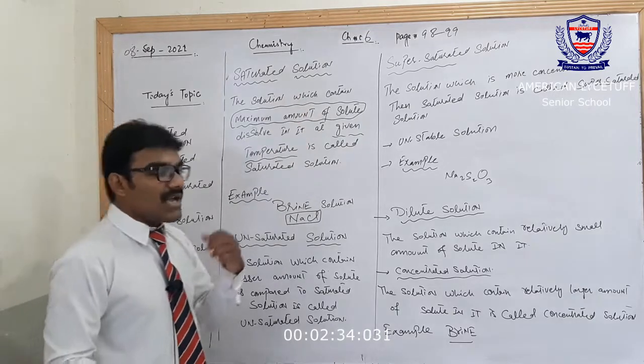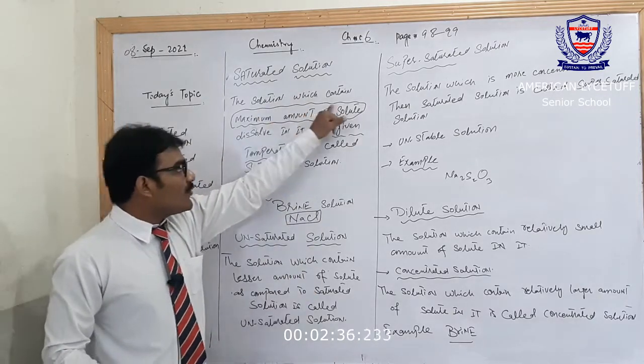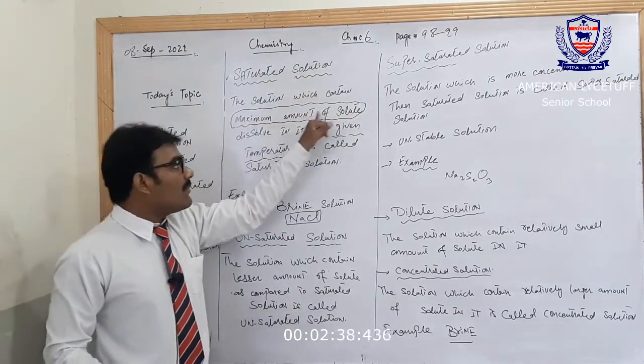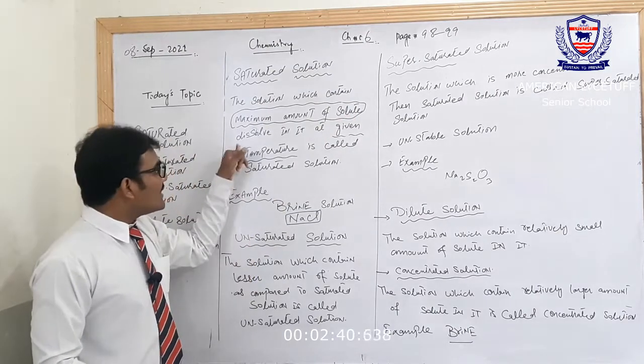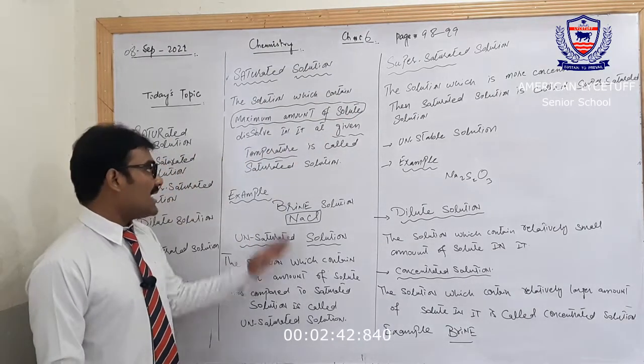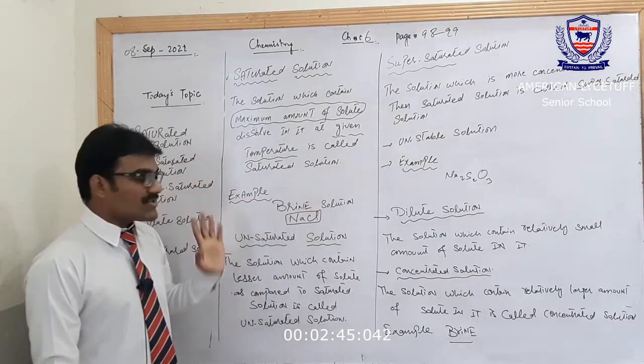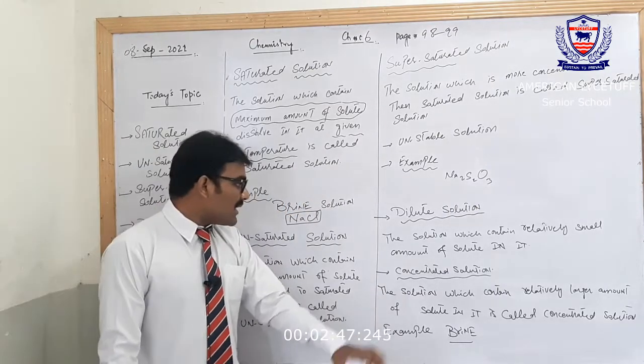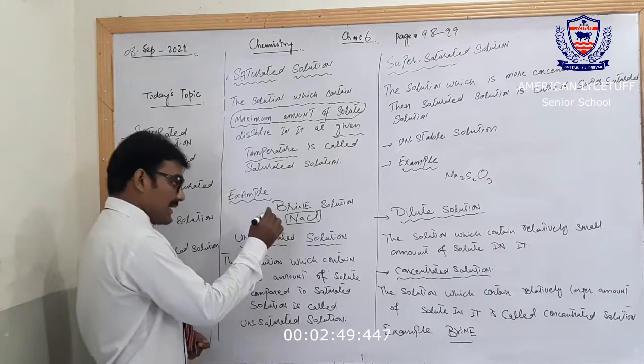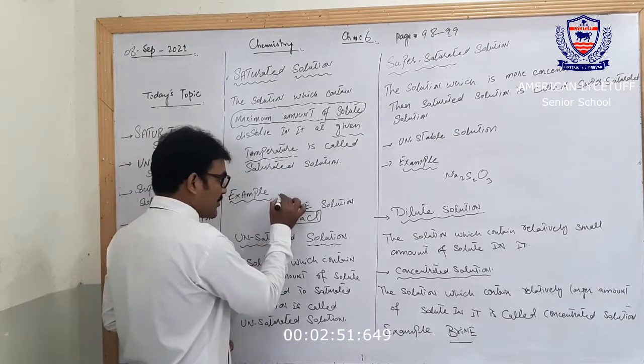So repeat the definition after me. The solution which contains maximum amount of solute dissolved at a given temperature is called saturated solution. The most common example is brine. What is brine? Another short question.